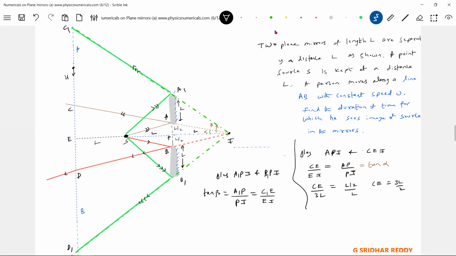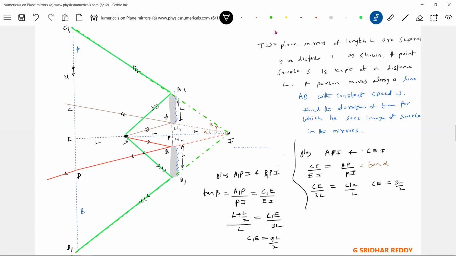A1P will be 3L plus L by 2, PI distance is L, and EI will be 3L. So C1E distance should be equal to 9L by 2.